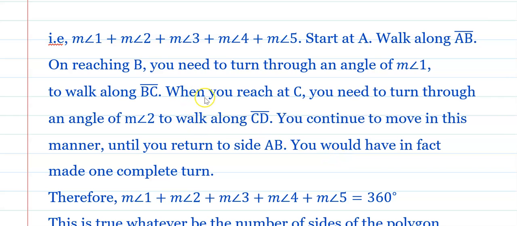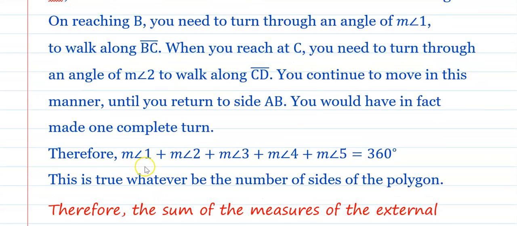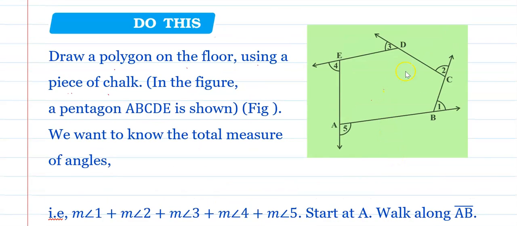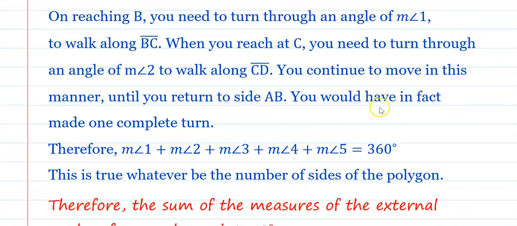When you reach C, you need to turn through angle 2 to walk along CD, and continue to move in this manner until you return to side AB. You would have in fact made one complete turn, and therefore the measure of angle 1 plus angle 2 plus angle 3 plus angle 4 plus angle 5 equals 360.